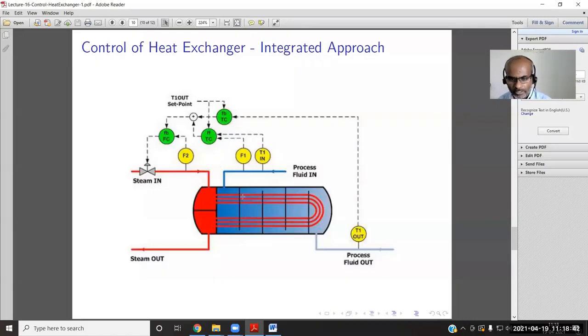With feedback, a fluid enters, and only after the change is detected by the final measurement do you act on the control valve. Whereas with feed forward, we are measuring the disturbance, and accordingly we are taking action, which is very fast. We need not wait for the response to reach the output. The feed forward is actually taking a preventive action.